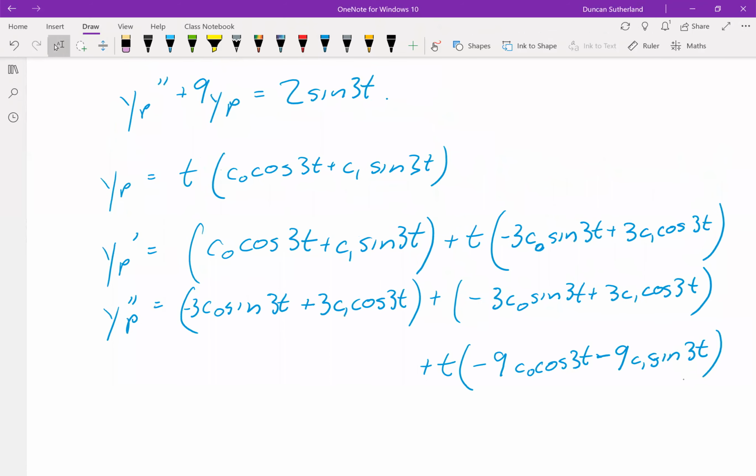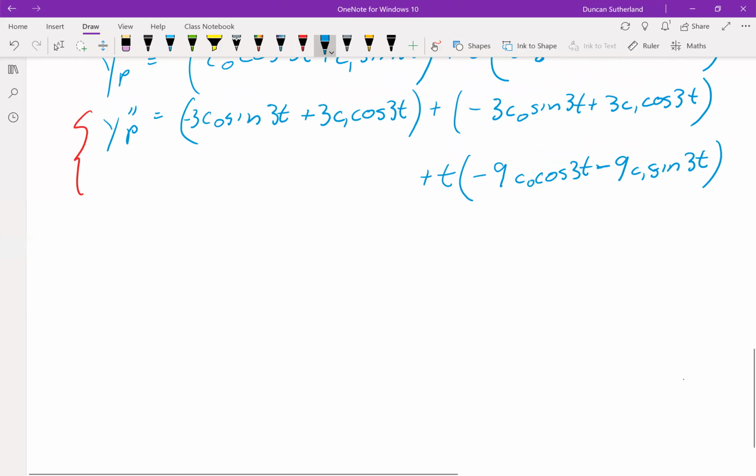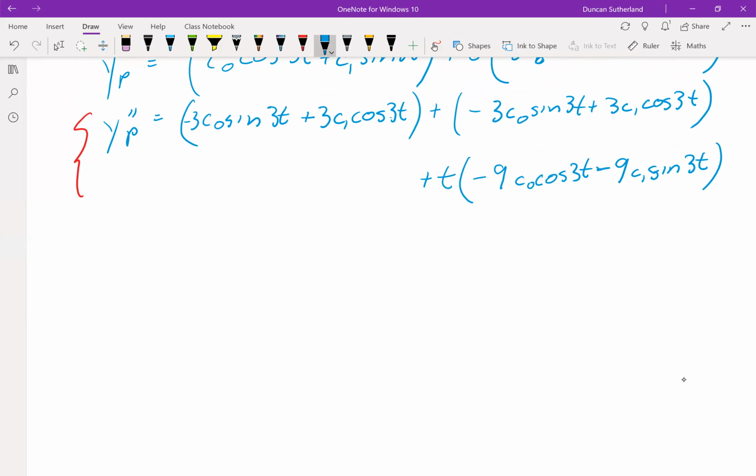And now I've got everything I need, namely this and this goes in this equation up here, which gives, and I'll simplify this, I'll take the 2 of them. There's a factor of 3 that comes out as well.